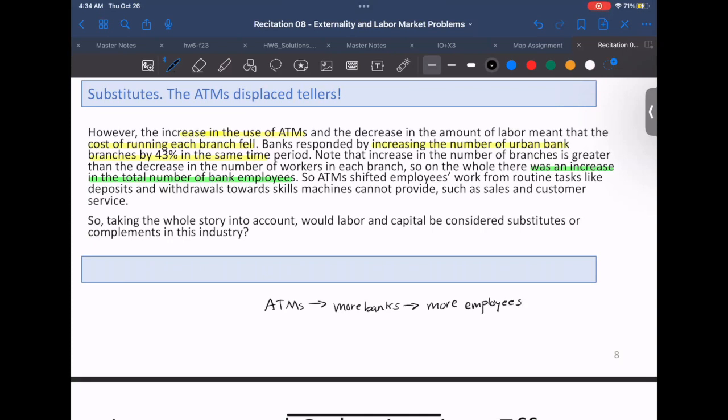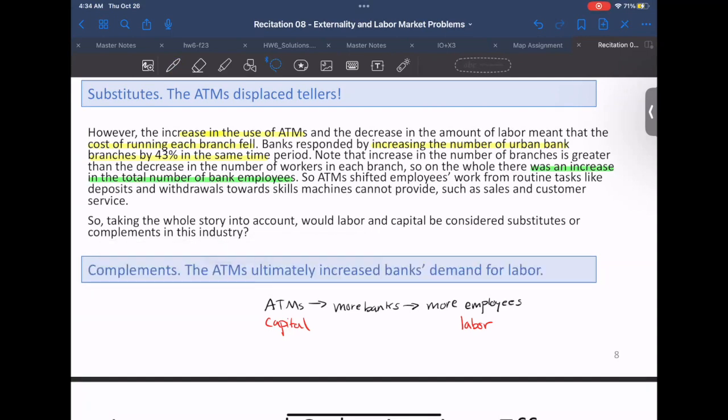So if ATMs are capital and they lead to more banks and in turn more employees, where employees are labor, then in this case, we find that capital and labor actually end up being complements, where the ATMs ultimately increase banks' demand for labor.